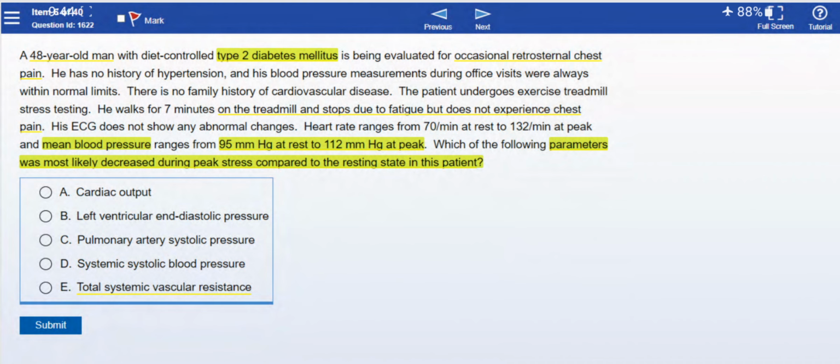Pause it and give the answer. Over here, they are asking about the parameter compared to the resting state. The correct answer is TPR, that is total peripheral resistance. And in that we have two types: systemic and pulmonic.